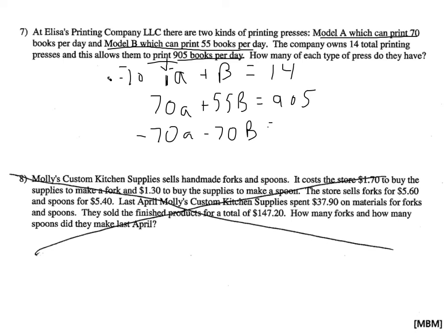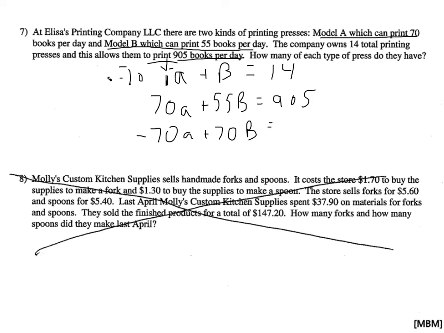Oops, excuse me, I made a mistake back here. Let me go ahead and redo this problem for us. I accidentally said that negative 70 times b was negative 70b. That should have been a positive.